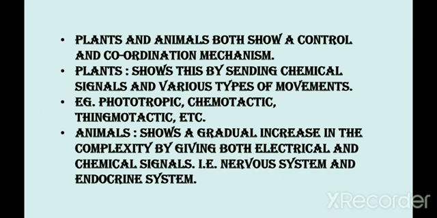These two systems work together. Even though they work together to control the body in coordination, we have to study them separately. We have to study the nervous system separately and the endocrine system separately. So let's start with nervous coordination.